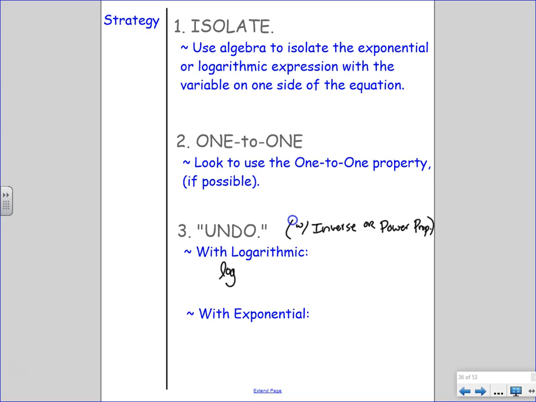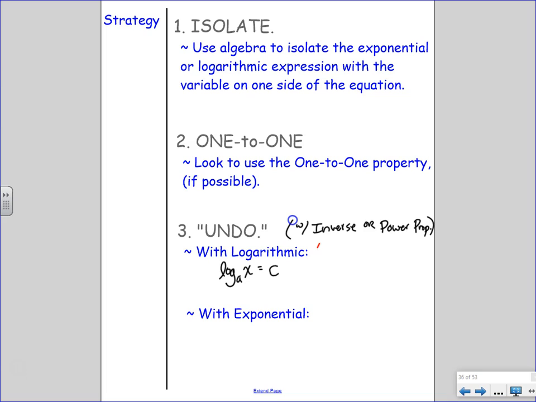Let's say we have log base a of x equals, for lack of a better, let's just say c. This is an easy example. If I have log base a of x equaling c, so I have a logarithmic piece, how do I undo?